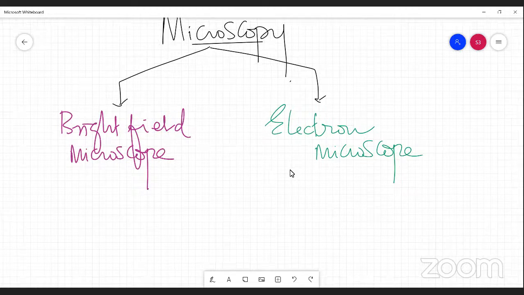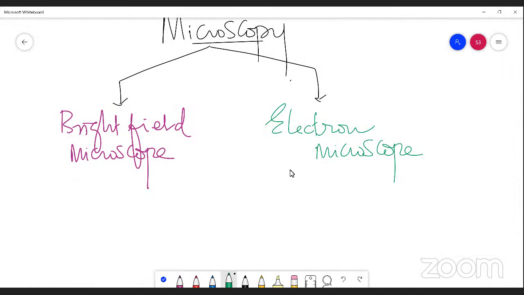The bright field microscope is an instrument which is used to see an object. It may be 5x. 5x means nothing but the magnification or resolving power.